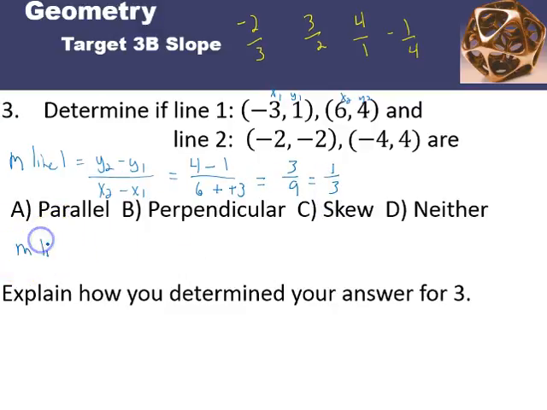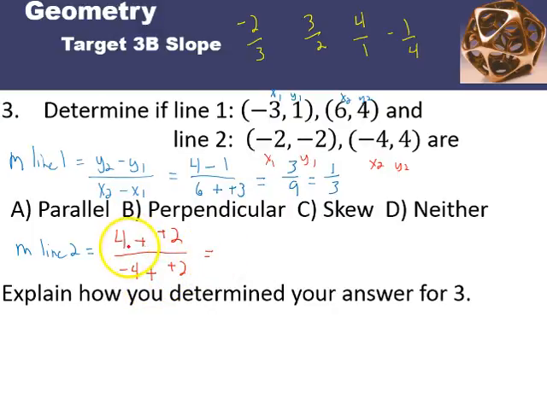Now the slope of line 2, and a new color. x1, y1, x2, y2. So it's 4 for y2 minus y1, which is negative 2, so it's a minus a negative 2. And then x2, which is negative 4, minus x1, which was also a negative 2. Minus a minus gives me a plus.